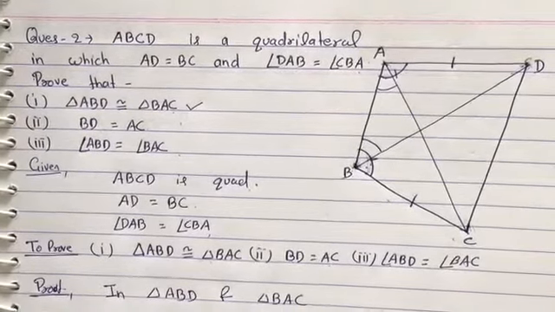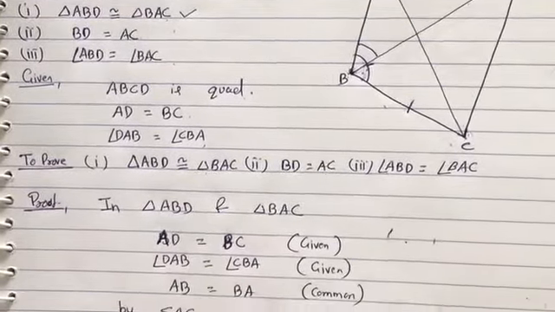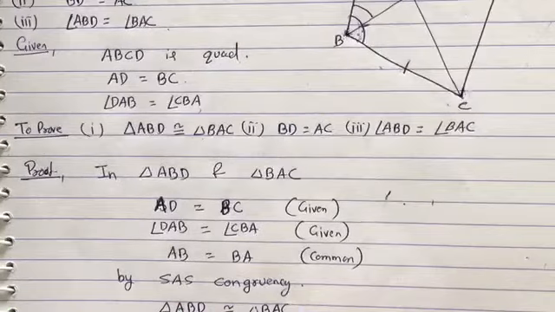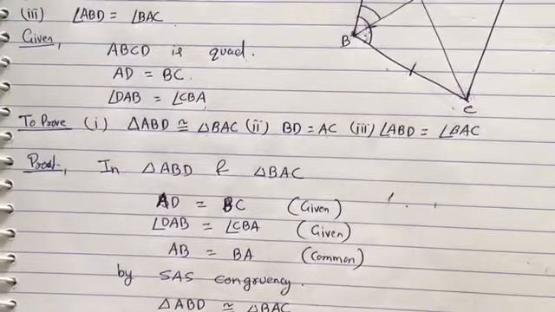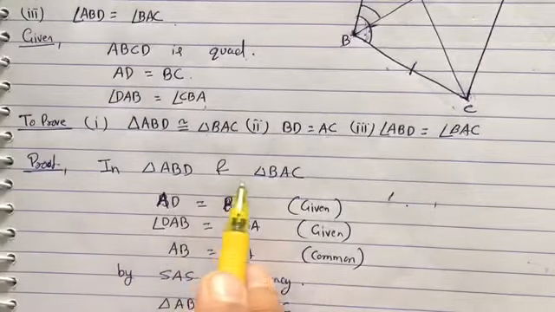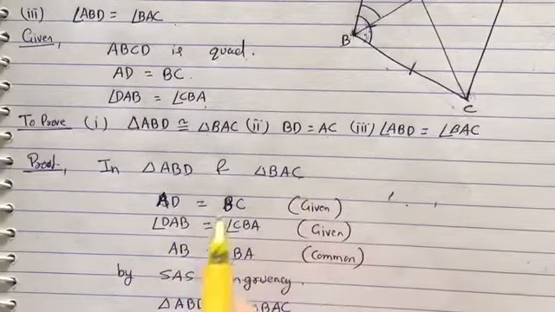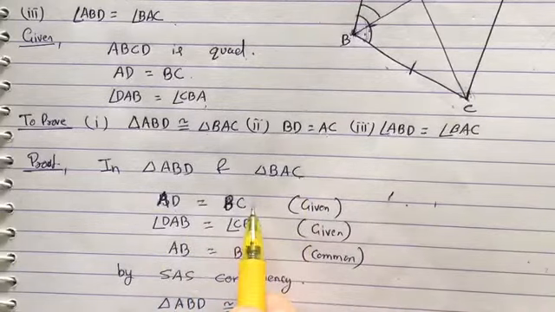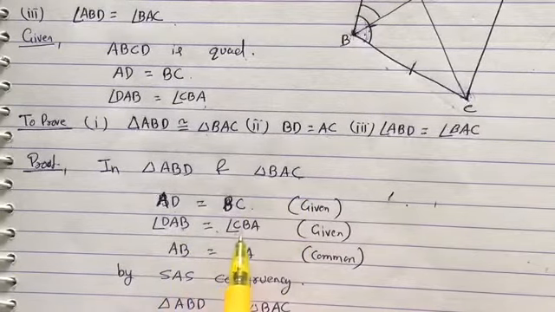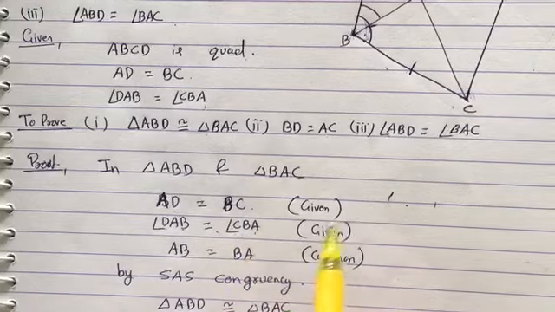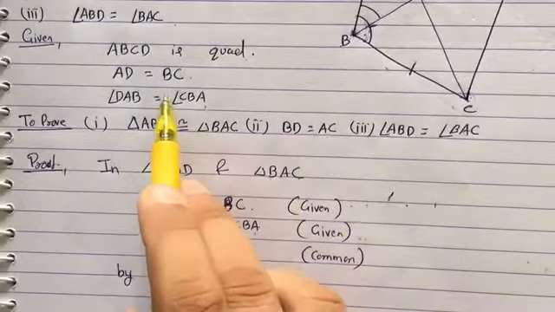So consider the triangles and write down all the things you observe from here. First thing is, in triangle ABD and triangle BAC, AD is equal to BC. Second, angle DAB is equal to angle CBA. These both things are given in the question.